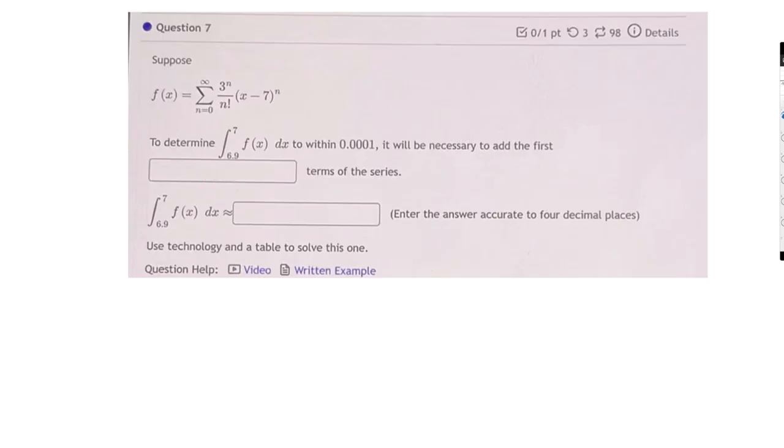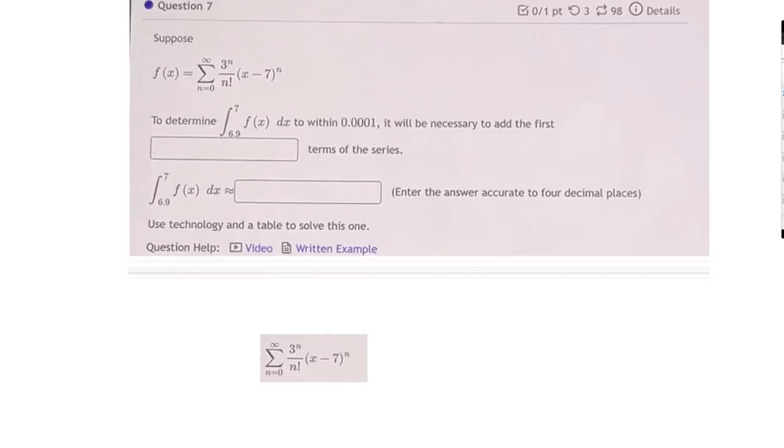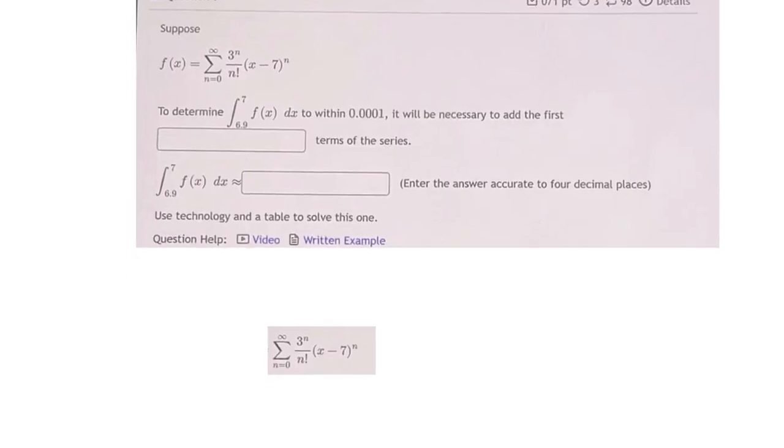Okay. So what you're going to want to do in this case is go ahead and take the integral of this, right? And we had already actually talked about that, where if you were going to take the integral, you could integrate term by term.